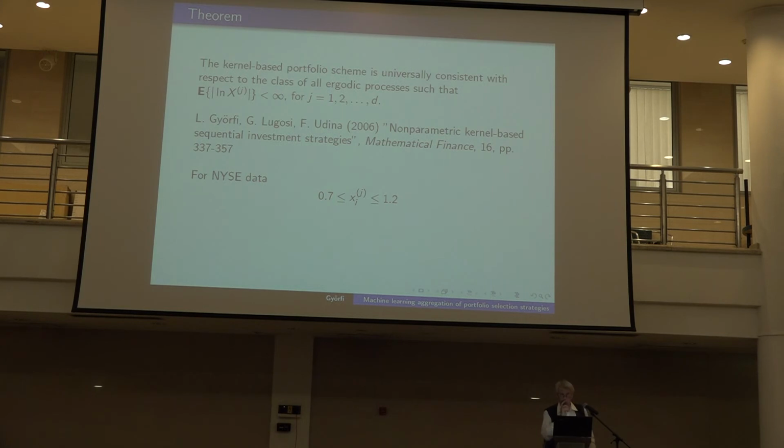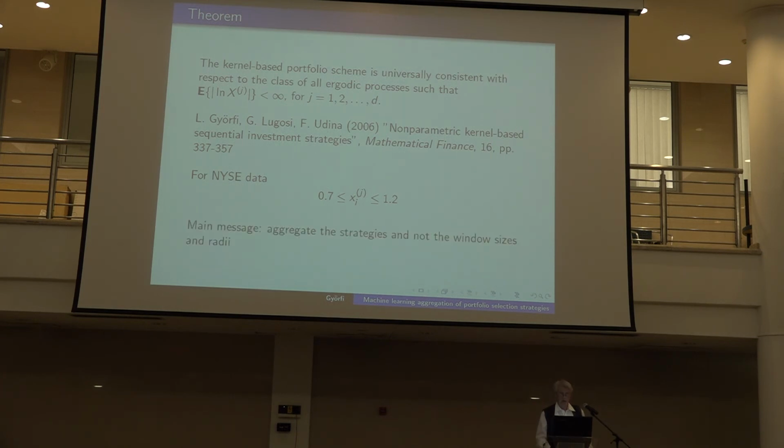And the theorem is as follows. As soon as the expected logarithm has finite expectation, and otherwise the market process is an arbitrary stationary ergodic process, then the growth rate of this aggregated strategy goes to W star almost surely.